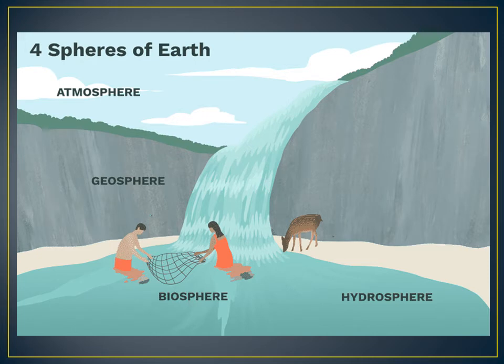Now remember, these are part of the Earth system. So they are separate, they're different, they're unique, but they all work together. If we would be missing one, the Earth would be a dramatically different place.